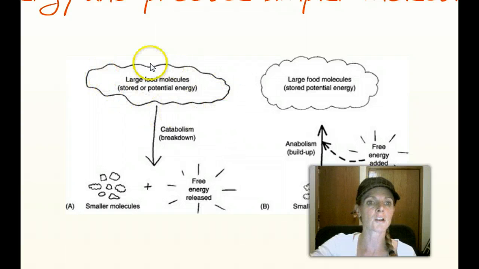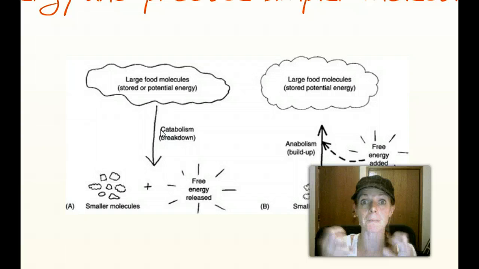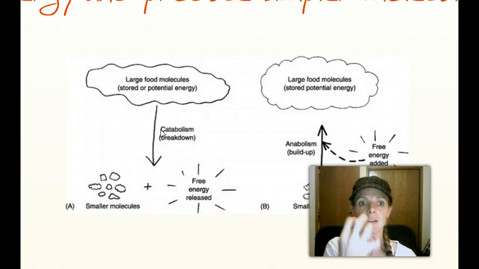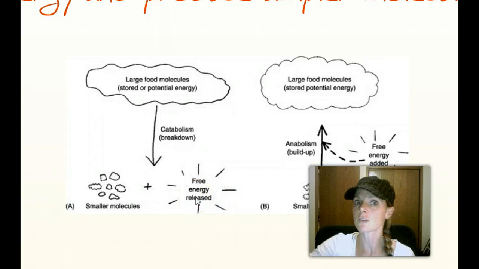So you're taking this large food molecule, which is the stored or potential energy, and you're breaking it down. Maybe like in our mouth, which is the first place where digestion happens. We're actually breaking down carbohydrates with the use of our saliva. And what is happening is this larger food molecule is being broken down into smaller molecules, and energy is released in the form of sugar, which we're going to talk about what that sugar actually ends up doing later on in our bodies, okay?